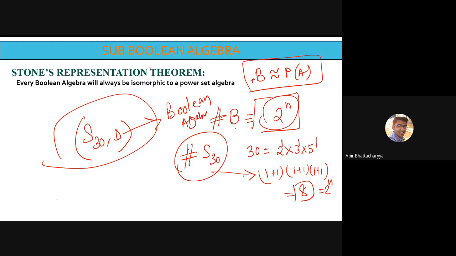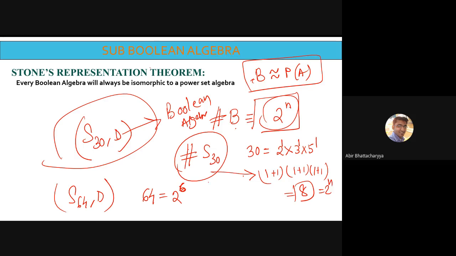In a similar manner, if someone asks you about S64, now 64 can be represented as 2 power 6 only, because 64 is divisible by no other prime number.